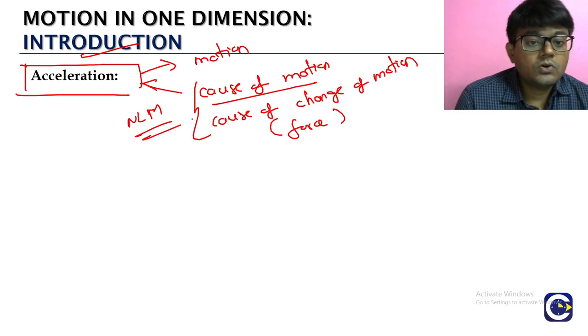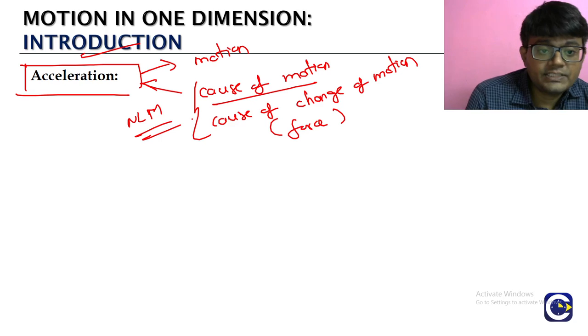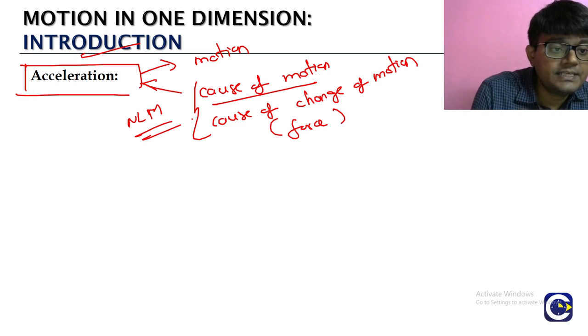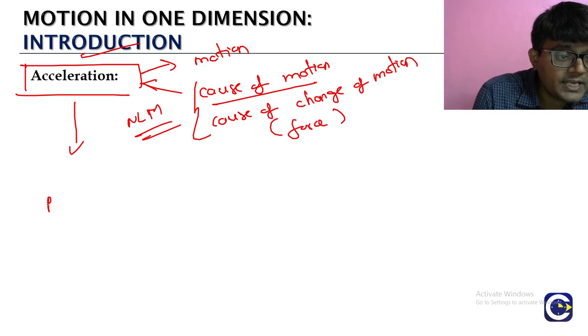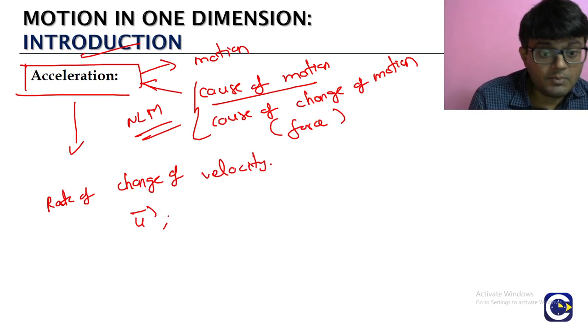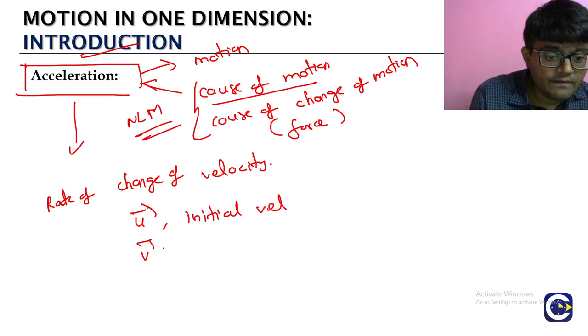Okay, so how is this acceleration first of all defined? Acceleration is defined as the rate of change of velocity, which means what? Let us say u bar is the initial velocity (I'm always putting a bar because all these are vectors), v bar is what?